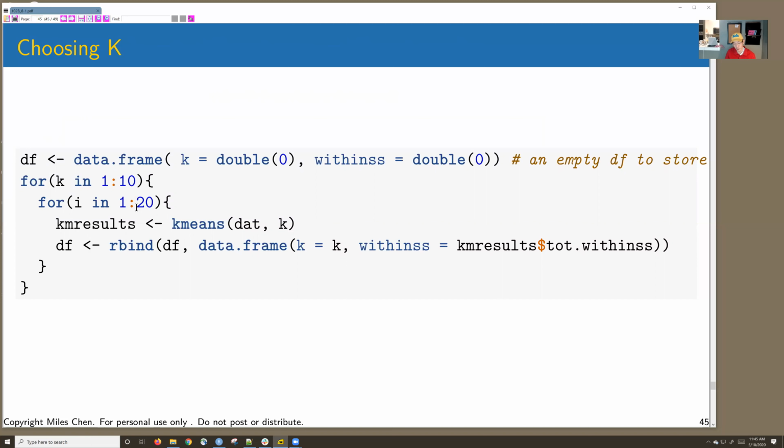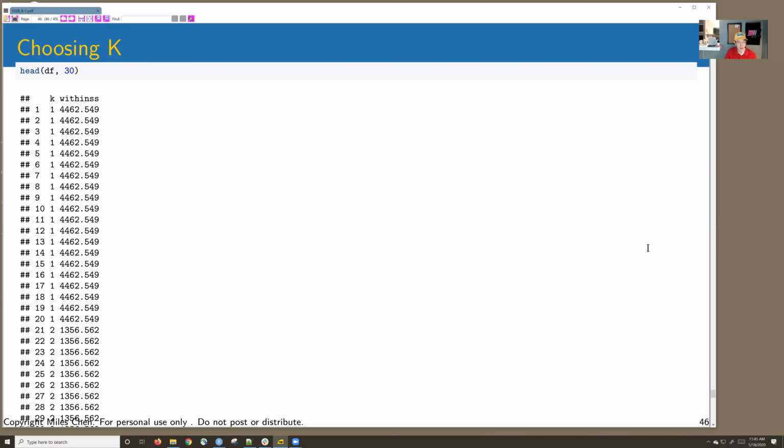So I'm going to say, look for k equal to 3, 20 different times. Look for k equal to 4, 20 different times, okay? And the result of each of these, I'm going to take the total within sum of squares, and we want this as small as possible. We're going to see what kind of values we get, okay? So with k equal to these different values, these are just some of the results I get.